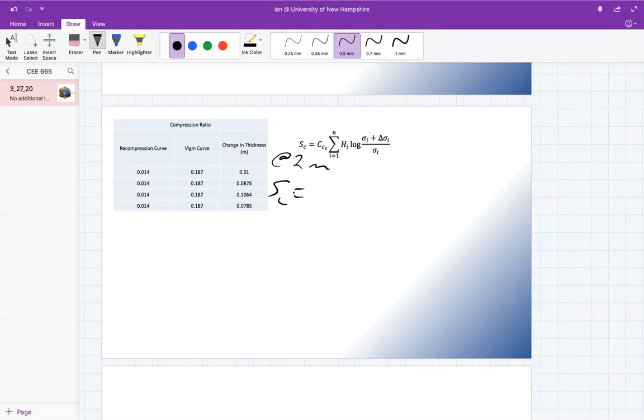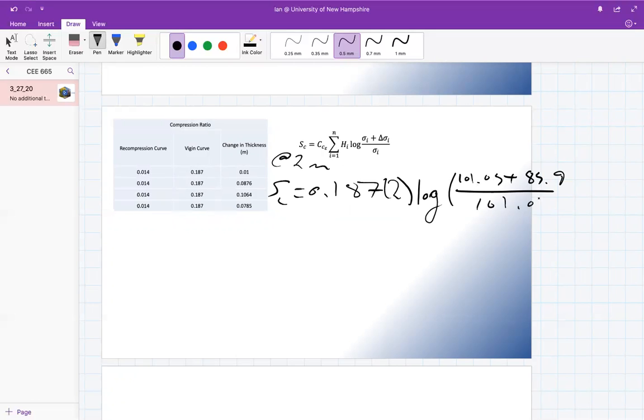So SC is going to equal 0.187 times the 2 meters, because we're assuming single drainage, times the log of 101.05 plus 85.9 divided by 101.05. So when we do that, we get 0.01 meters.